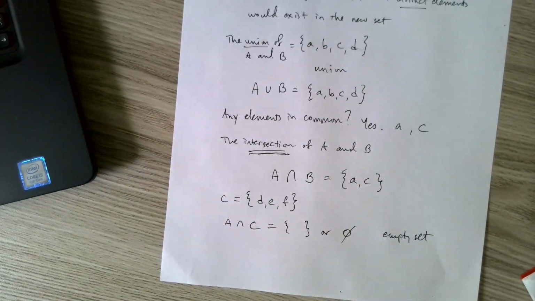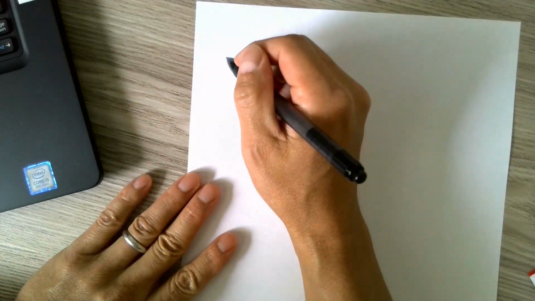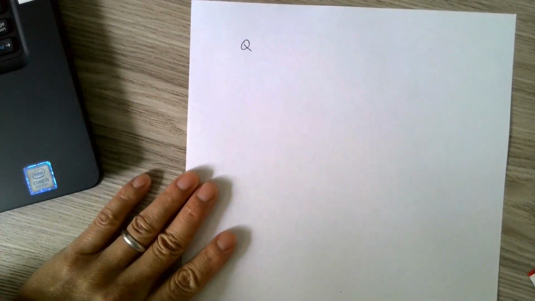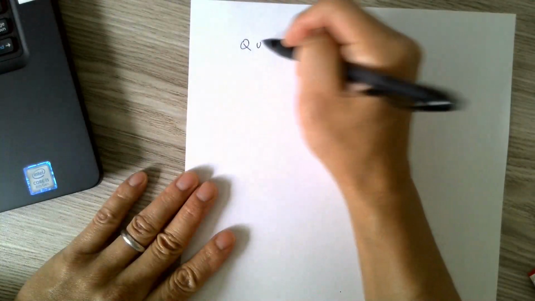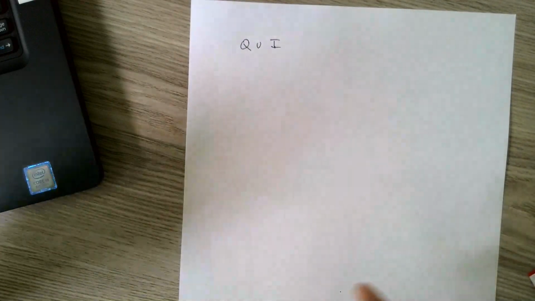Now, I can also play around with actual sets with real numbers that we know of, like the infinite sets that we discussed last time. So if you need to take out your list of symbols for the infinite sets, go ahead, because I'm going to use only their symbols right now. Q, which is rationals, union, I, which is irrationals. Union means put the elements together.